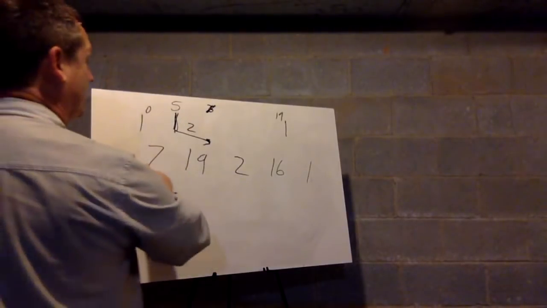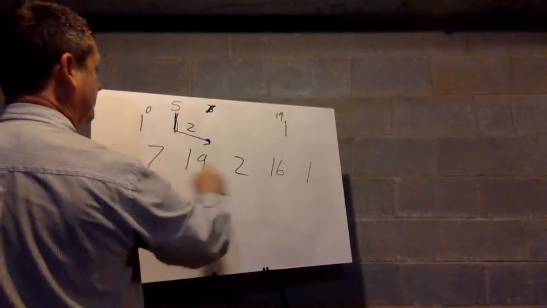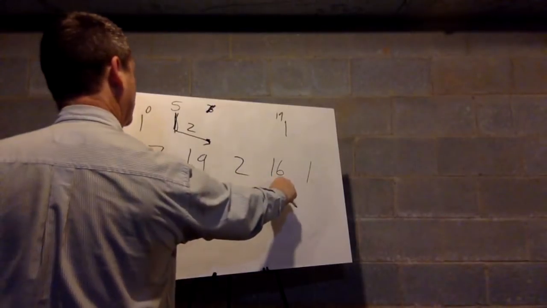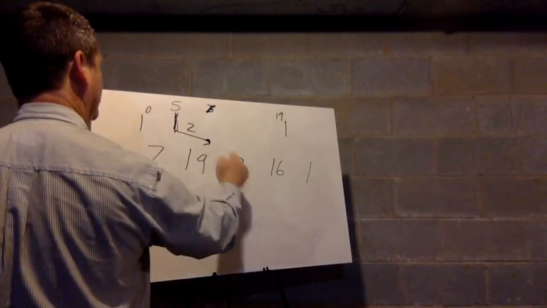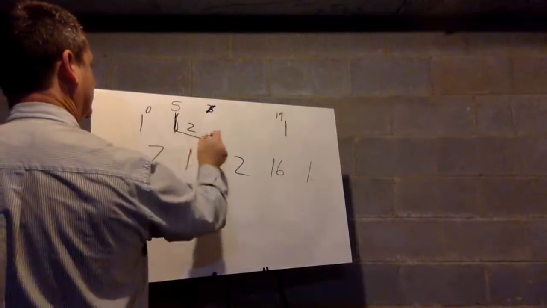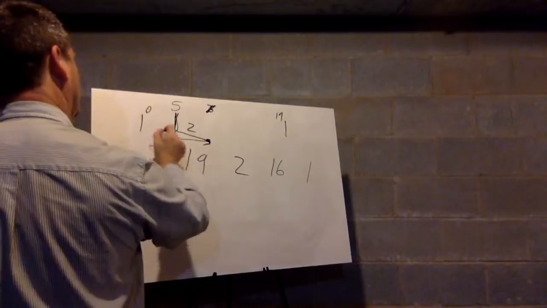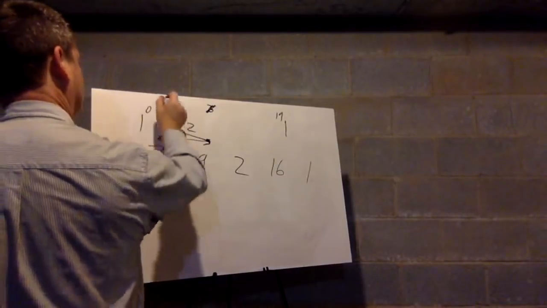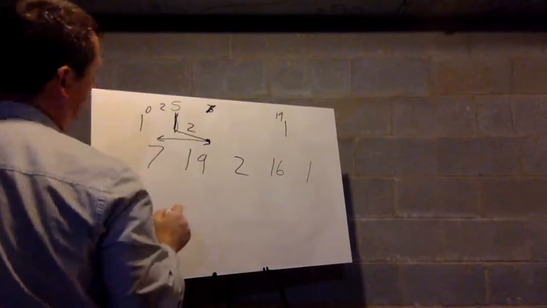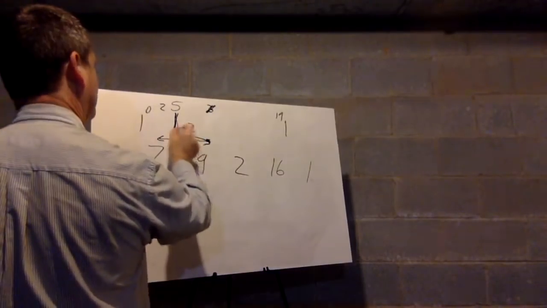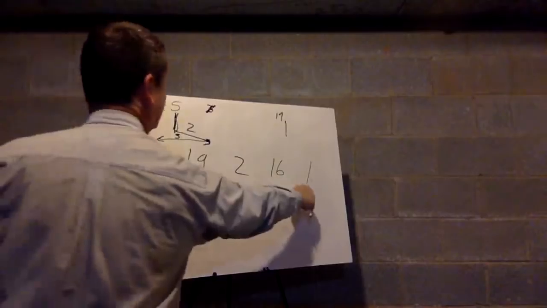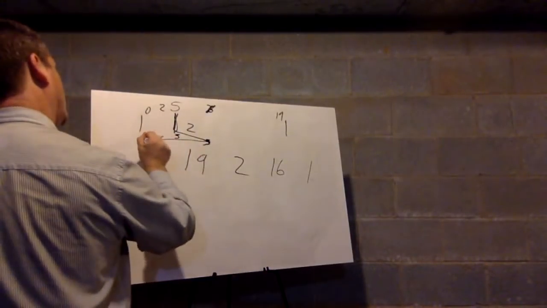And then when you're at 7, you've got a choice between going up to 16 for a distance of 9 versus going down to 2 for a distance of just 5. So you're going to go down to cylinder 2. I'll mark that up there. That's a distance of 5. And then you're going to go on and get cylinder 1, because that's only 1 hop away.